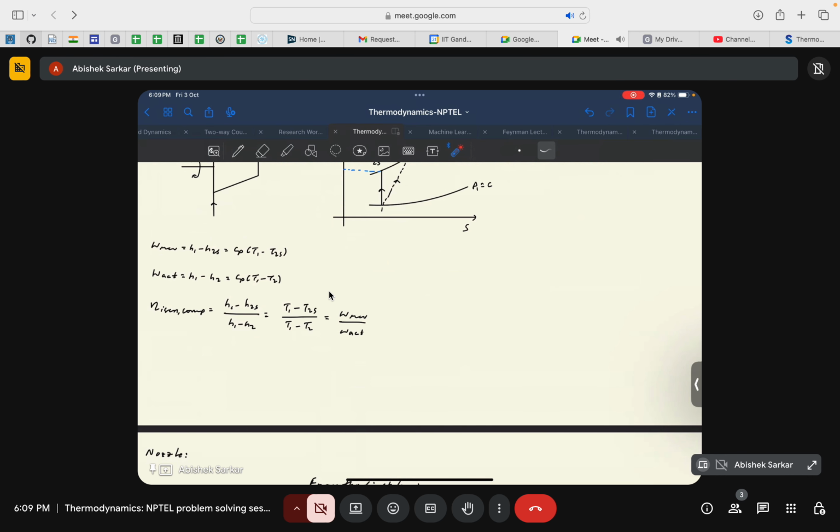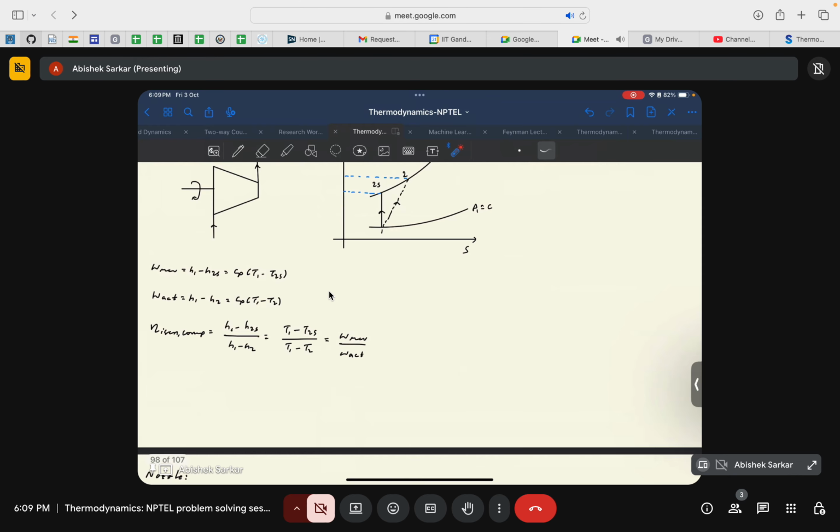Okay, so again we try to define the isentropic efficiency for this compressor. So now we need to consider the lower work. We see that the isentropic work input is lower than the irreversible work input.